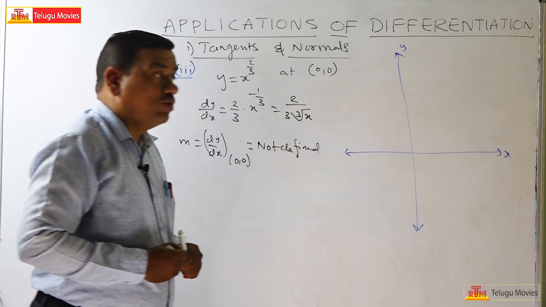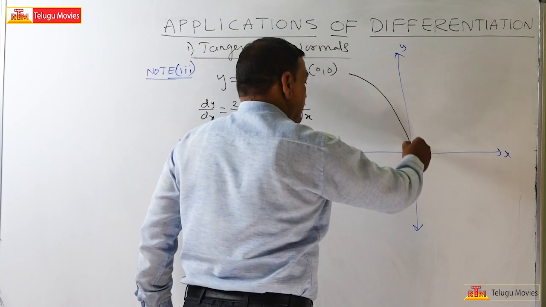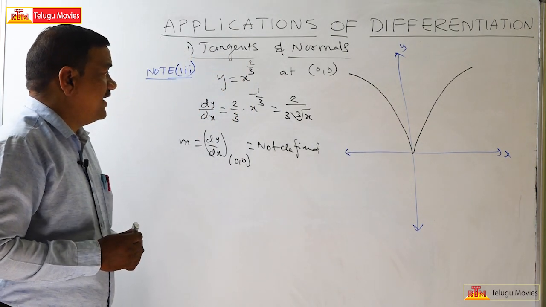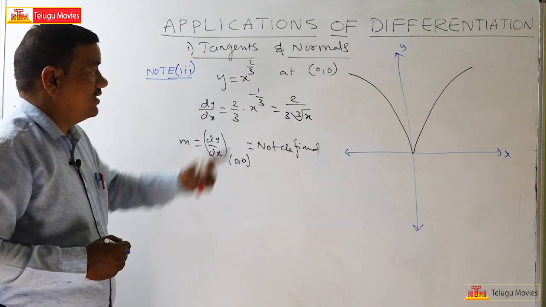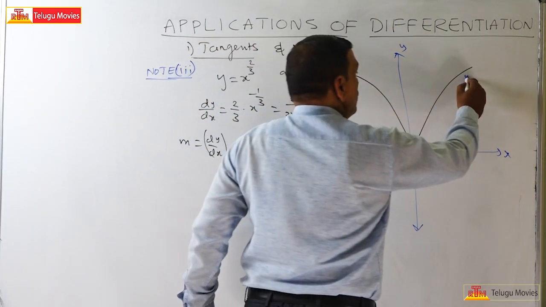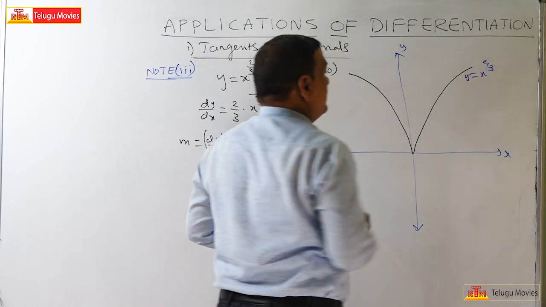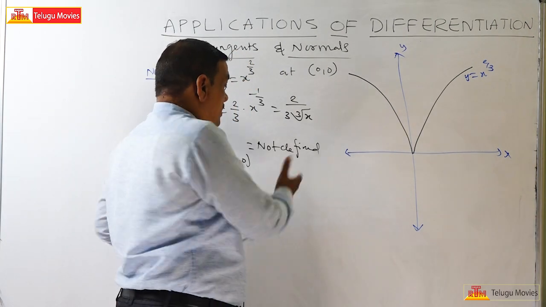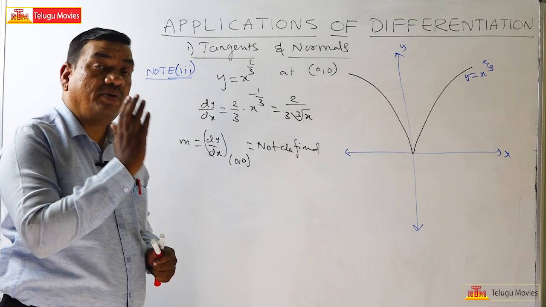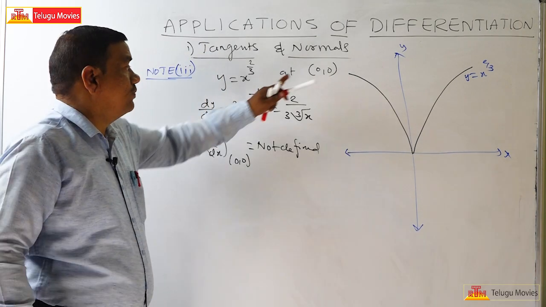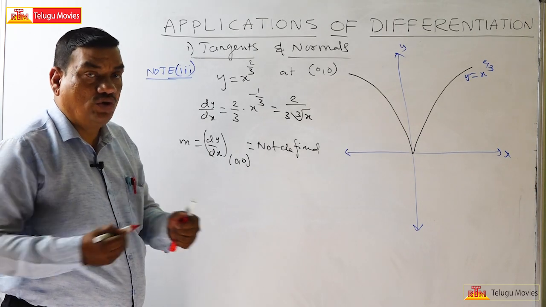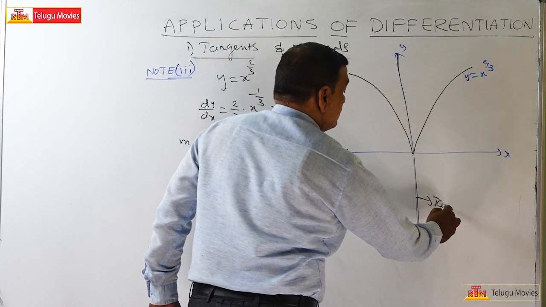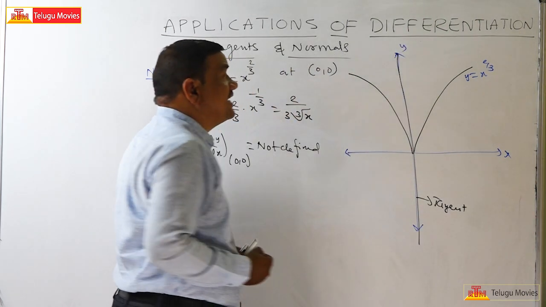The curve y is equal to x to the power of 2 by 3 will be like this. Now, not defined means what? It should be a vertical line at x is equal to 0. A vertical line at x is equal to 0 is nothing but the y-axis. This is the tangent. Here the y-axis acts as a tangent.